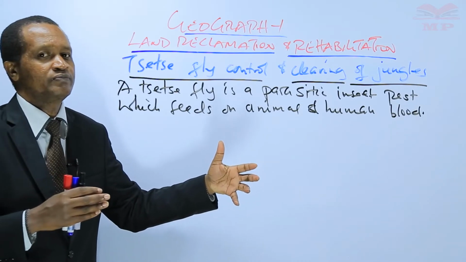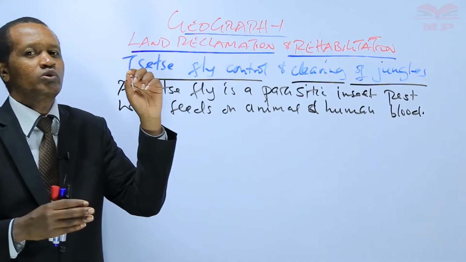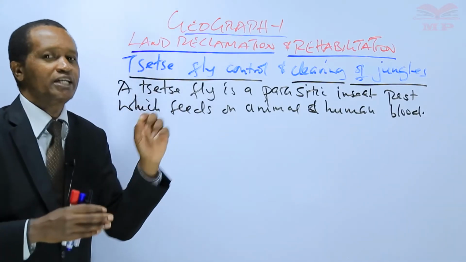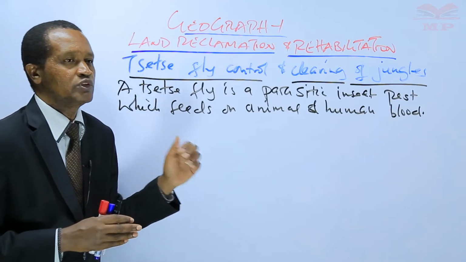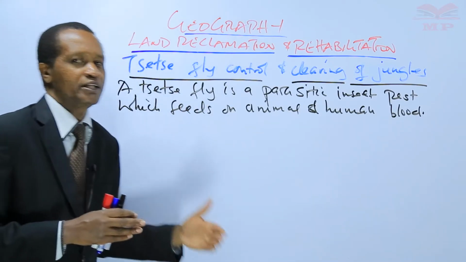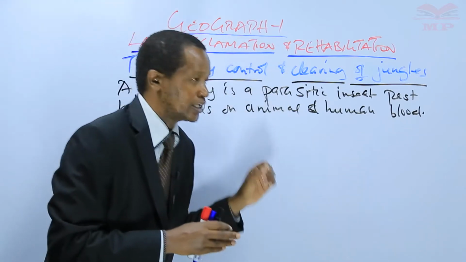And there's a project that was undertaken to do what? To control and eliminate the tsetse fly, to eliminate the pest and hence obtain land for agriculture.